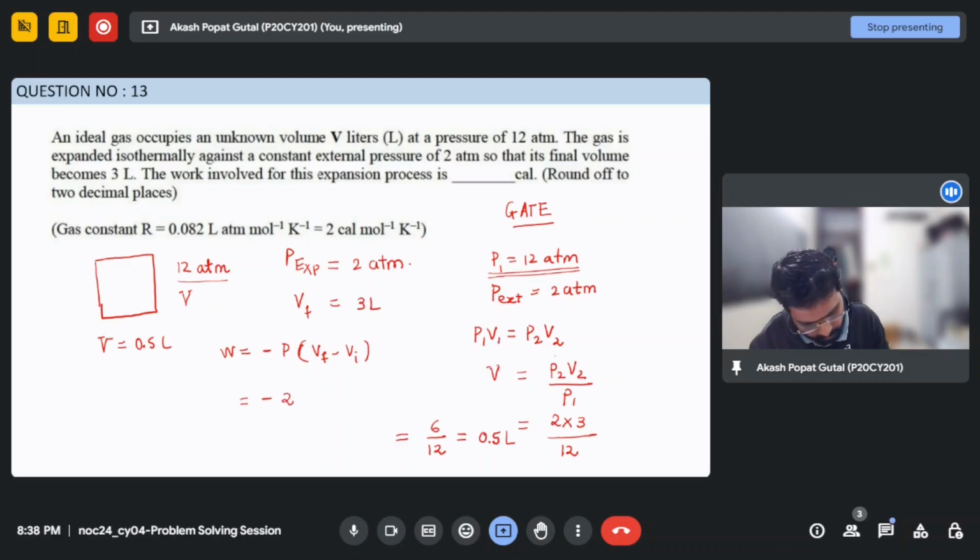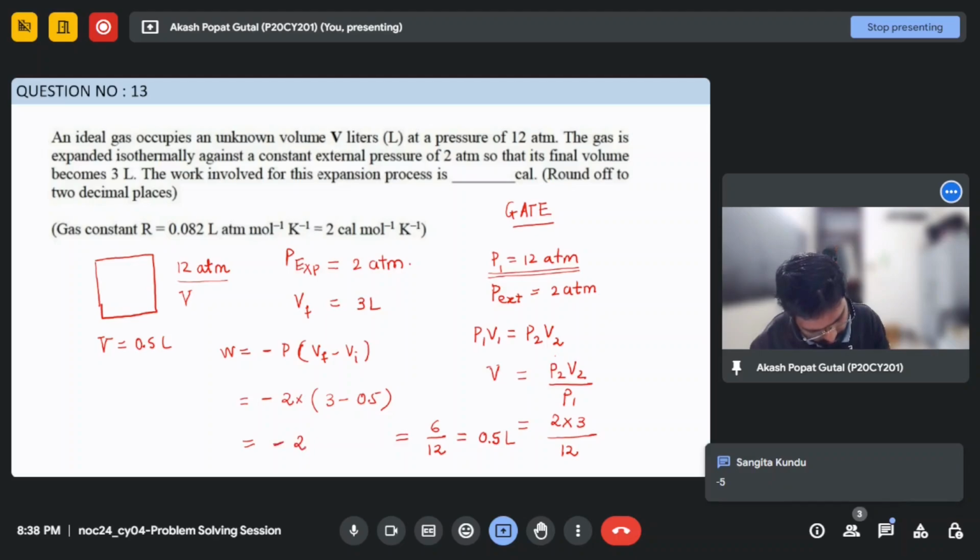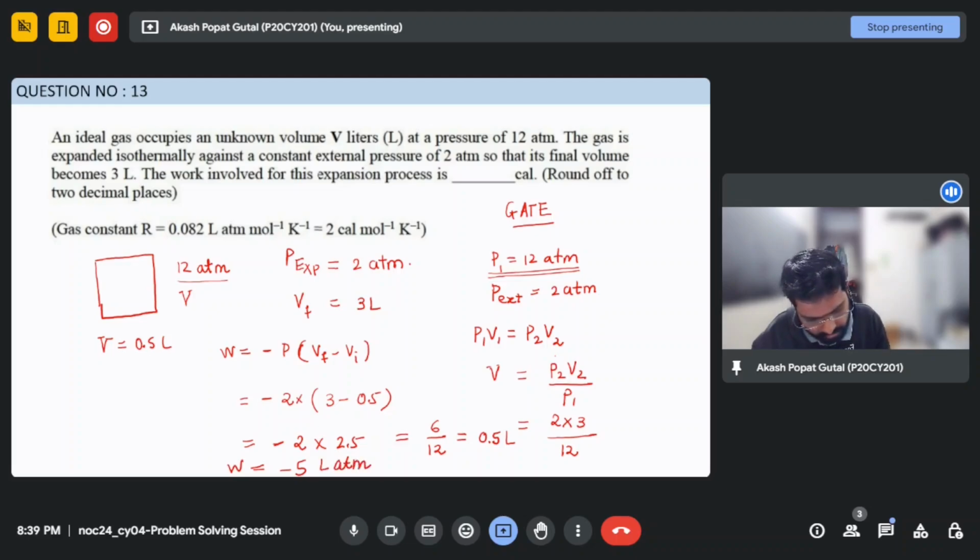External pressure is 2 atm, and V final is 3 minus V initial, 0.5. So liter atm we are getting.